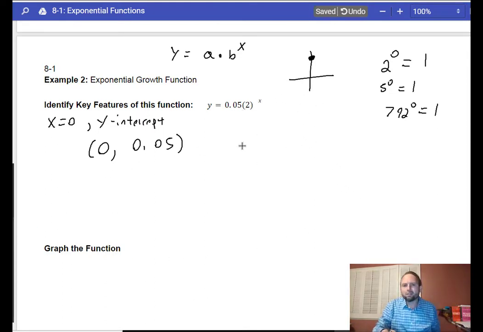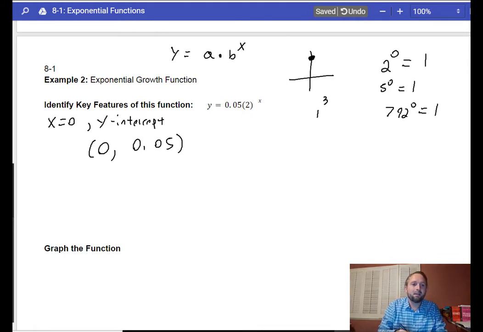Now, I also can tell that this b is going to make our graph grow because it's bigger than 1. If it was 1, we'd be like, okay, 1 to the 3rd power. What's 1 times 1 times 1? 1. Okay, 1 to the 5th power. 1 times 1 times 1 times 1 times 1. Yeah, it's only going to be 1. So it doesn't do anything to our graph, it'd be a line just going left and right there.